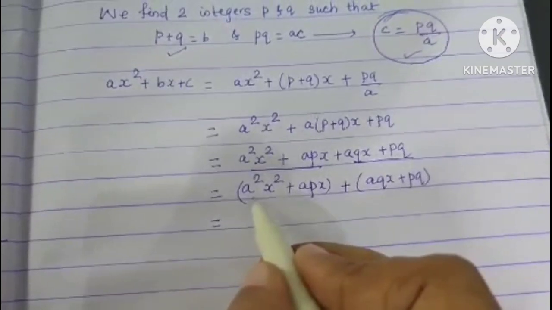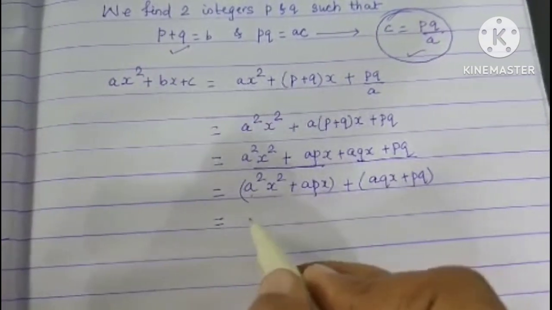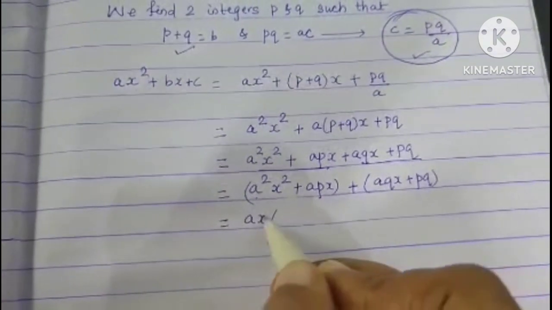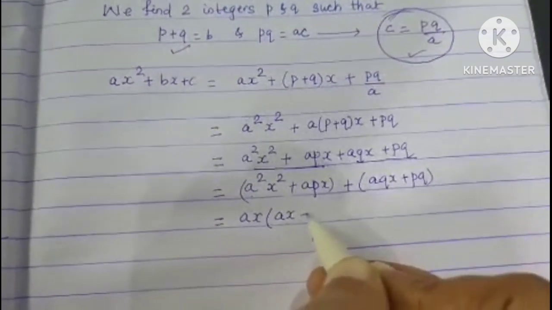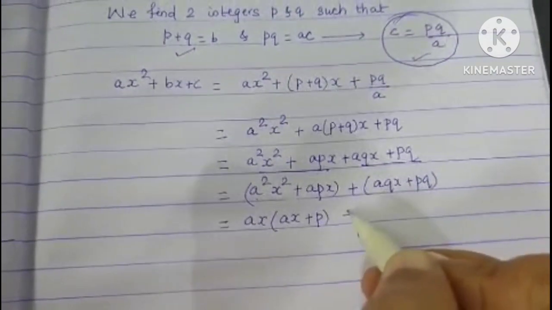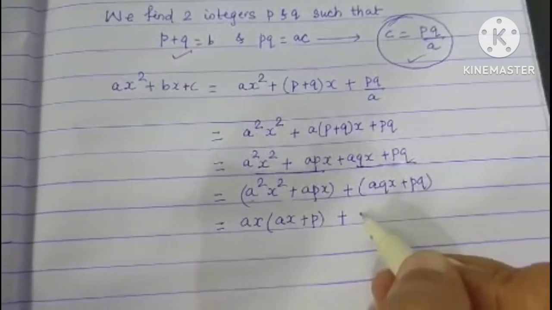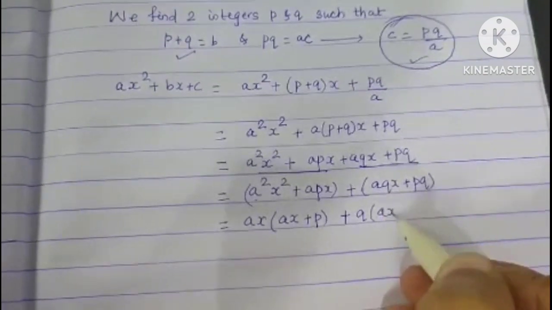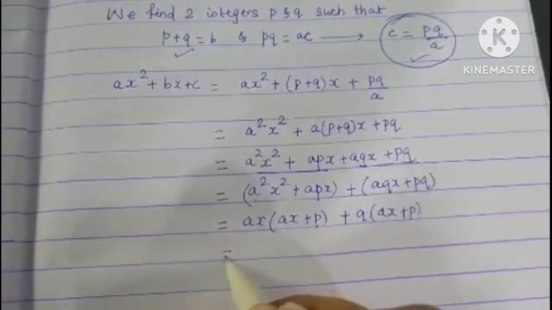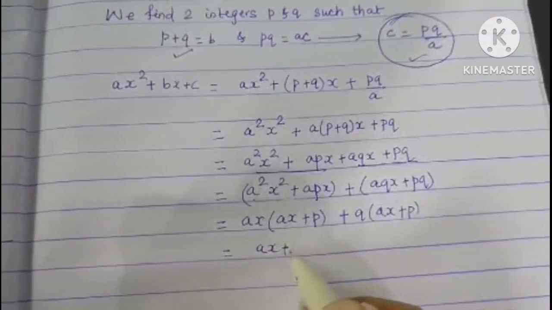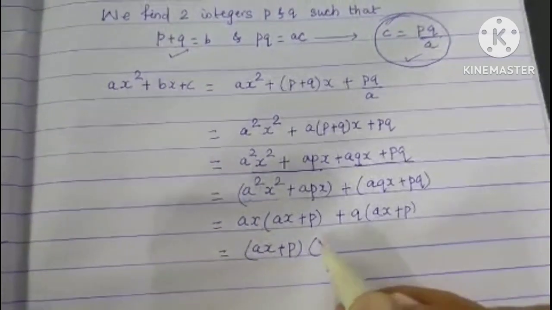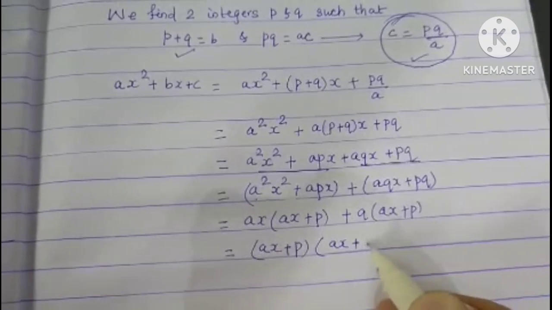What is the common factor here? a and x, ax. So let us take ax out. Here it will be ax plus p, and here let us take q out. So ax plus p again. Now this will become ax plus p multiplied by ax plus q.